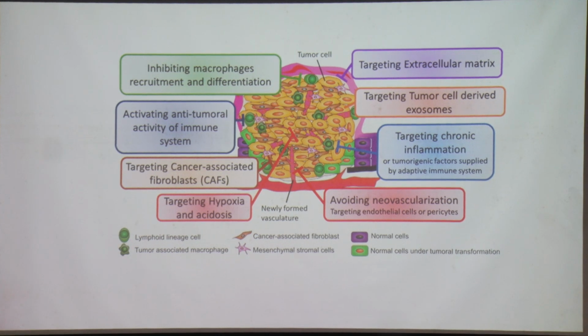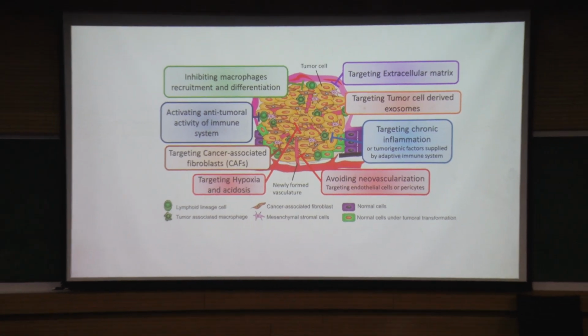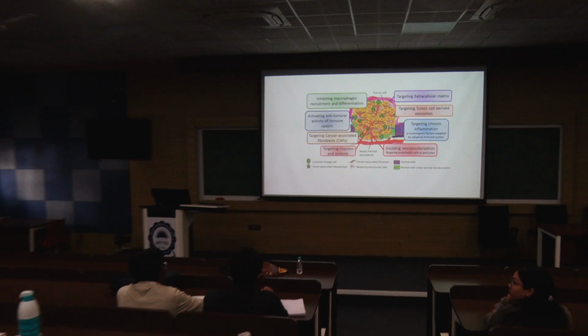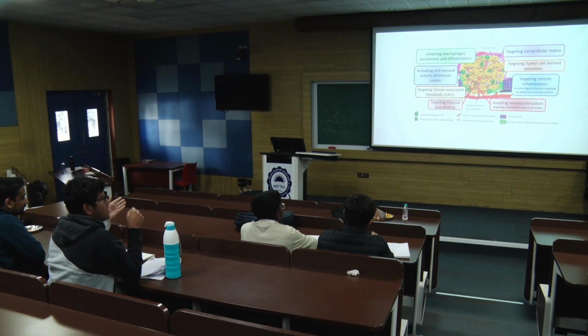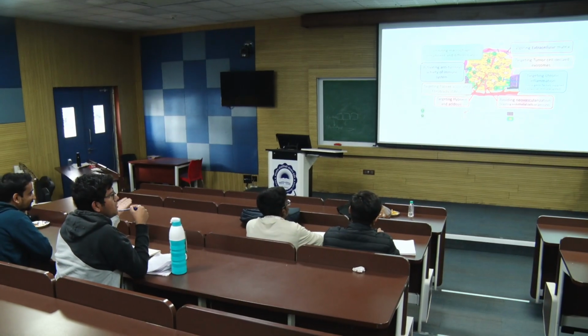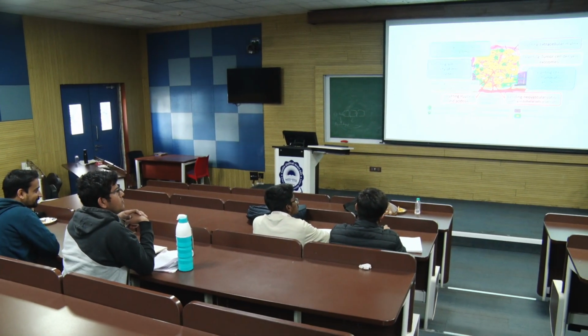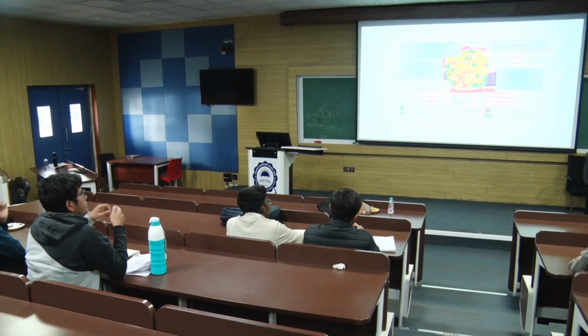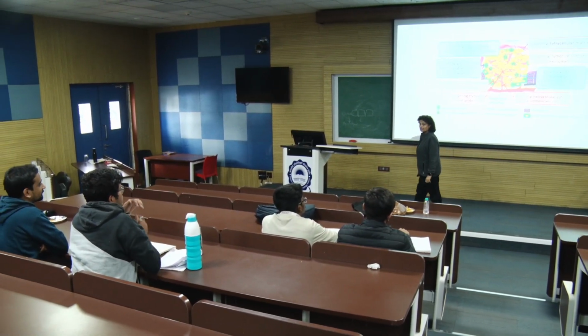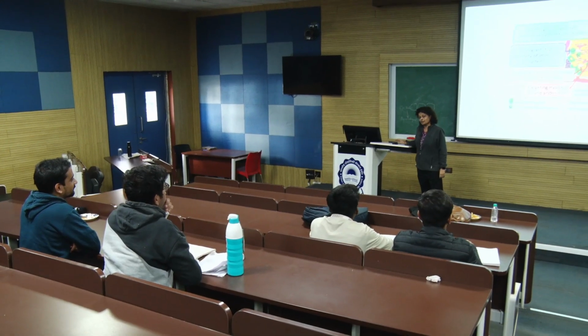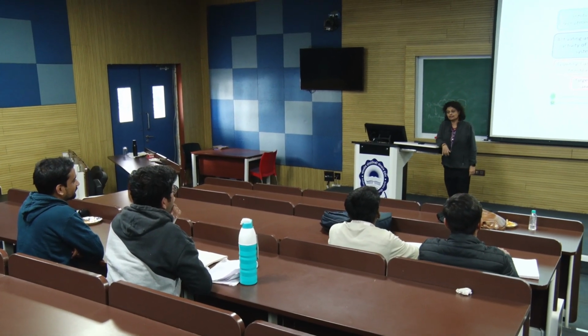Yeah, go ahead. You are saying we are targeting the tumor microenvironment, but this same microenvironment may be present in other parts of the body, so that will be targeted also. So tumor microenvironment is more unique to the tumor. That is why it is called tumor microenvironment, right? So this kind of environment is not present in other parts of the body.